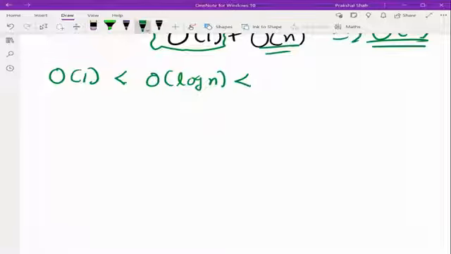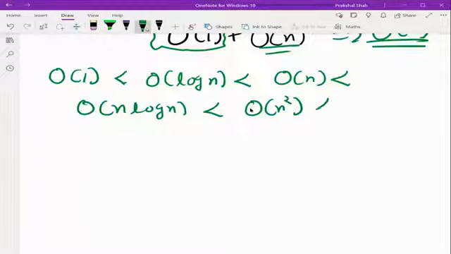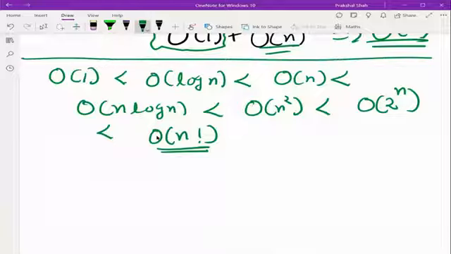It will always be larger than order of n, larger than order of n log n, larger than order of n square, larger than an exponential term like 2 raised to n, and larger than order of n factorial. So n factorial is always considered the worst.